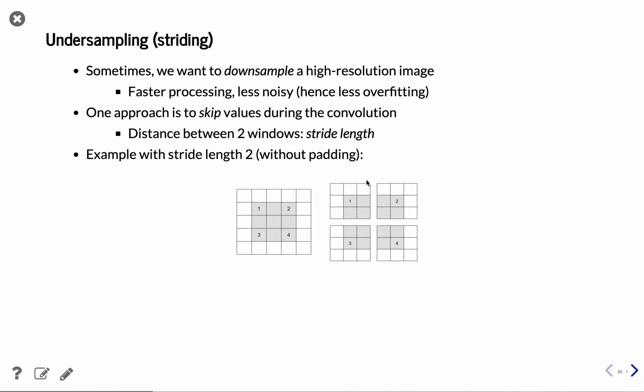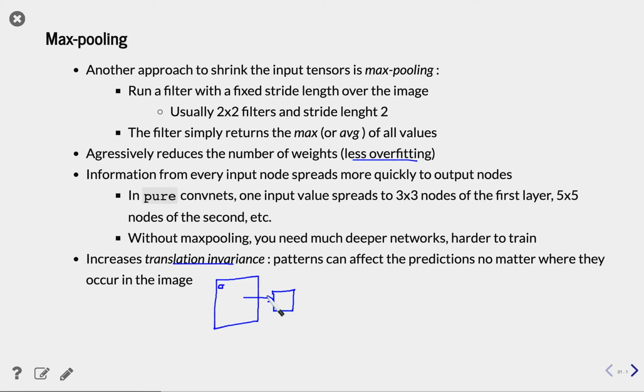Another thing it helps with is translation invariance. So what happens now if I have an object in this top corner here, right? If I do max pooling, then this object is now here, which is already relatively affecting more of the image. And if I now have a new convolutional layer, then this guy will affect a lot of the output of this layer.